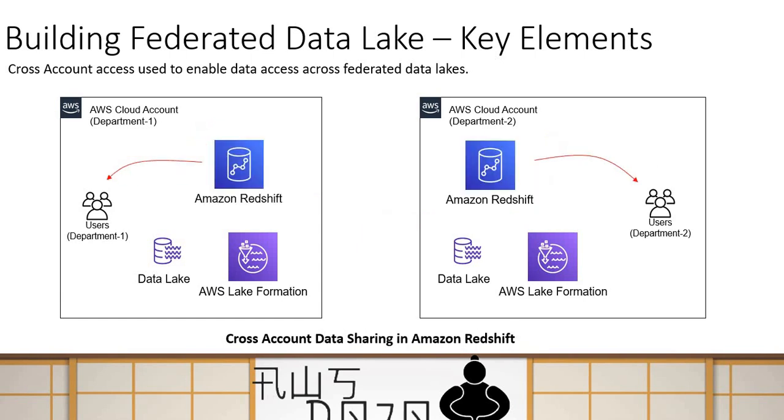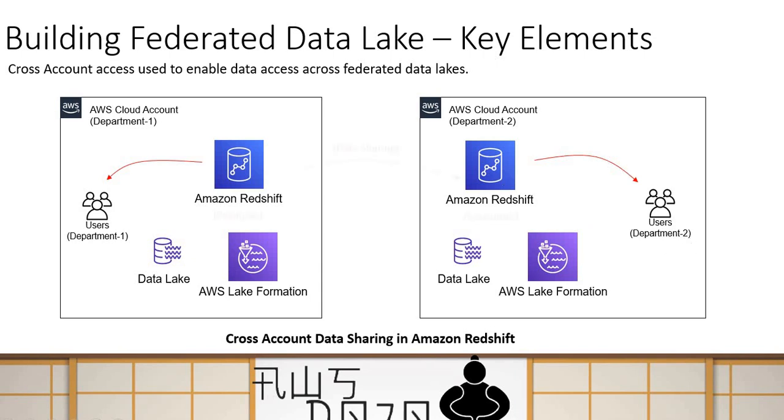Now, that was like having data inside a catalog, but there could be a scenario where you have data inside Amazon Redshift. And you are accessing your data, like for instance, department 1 and 2 again. Department 1 has their own Amazon Redshift, and they are using local access over here, and department 2 is also having local access over here.